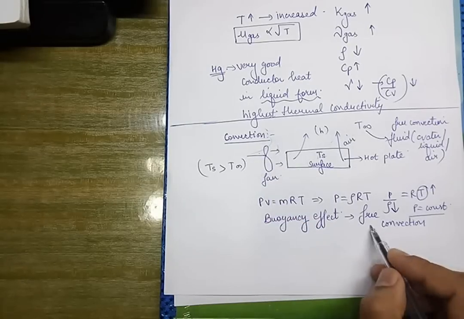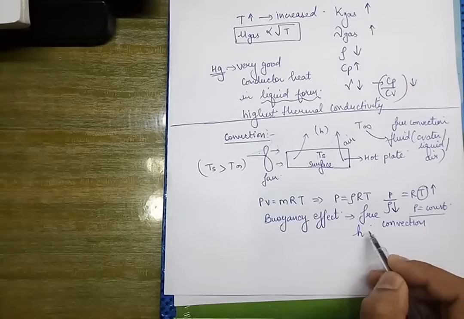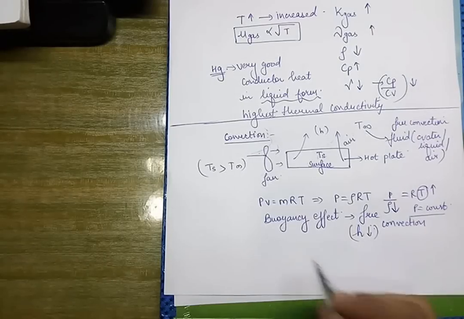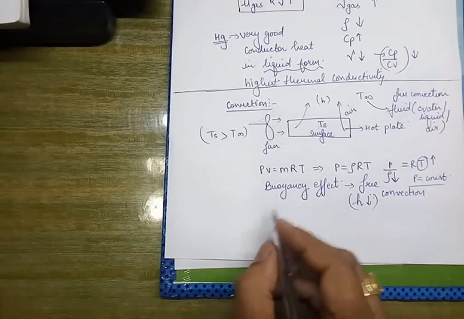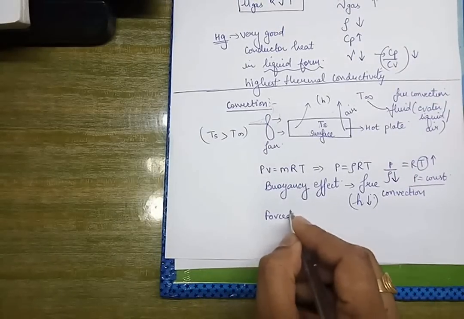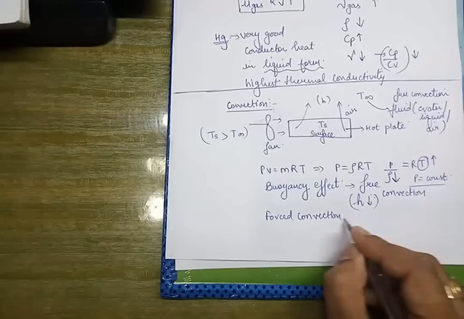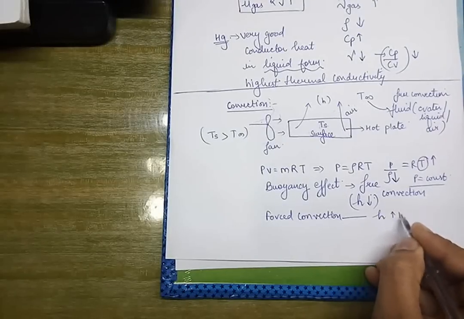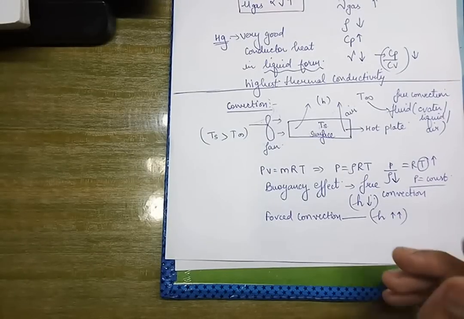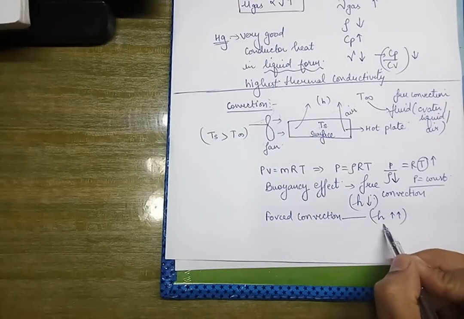Now, in case of free convection, the value of h, the convective heat transfer coefficient, is generally low, whereas in case of forced convection, the value of h is very high.